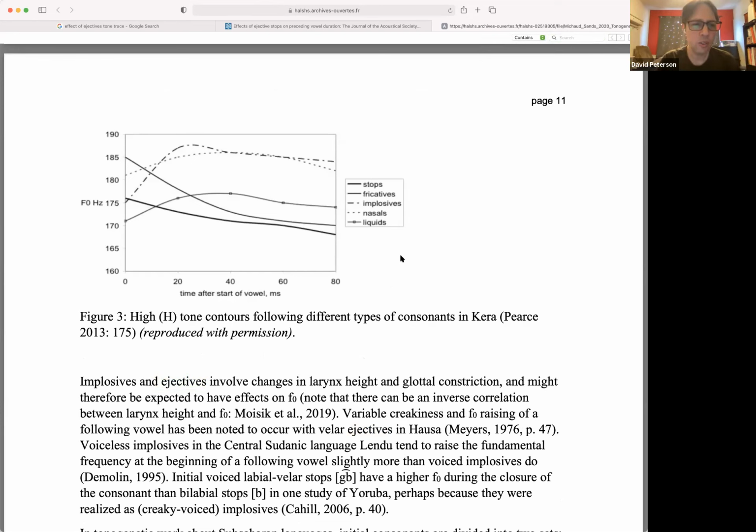I do have a suggestion though. So this is what I think that we should do. Looking at the data, or the stuff that we have, we'll get high tone after voiceless stops, whether they're ejective or not. Low tone after voiced stops at the beginning.